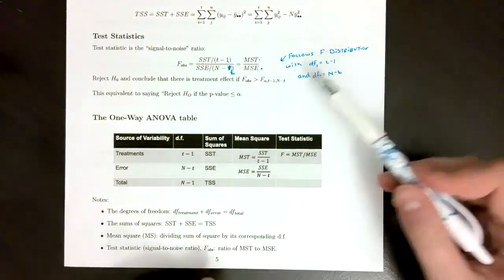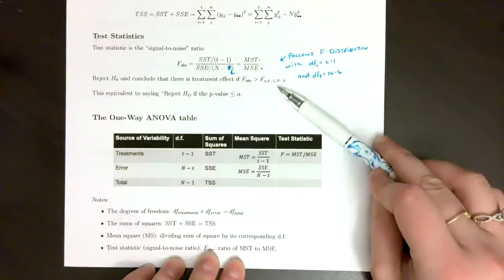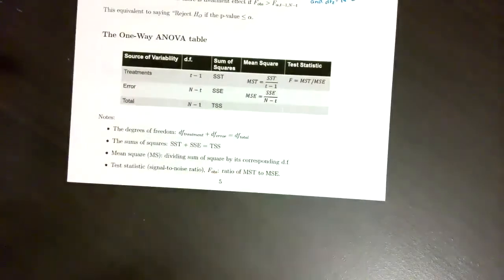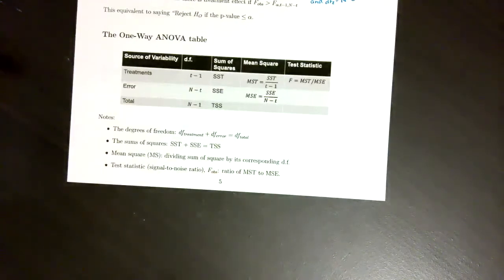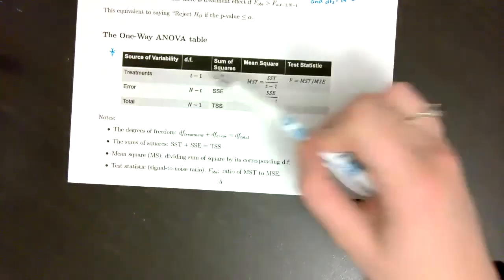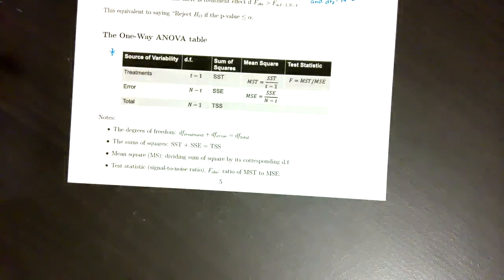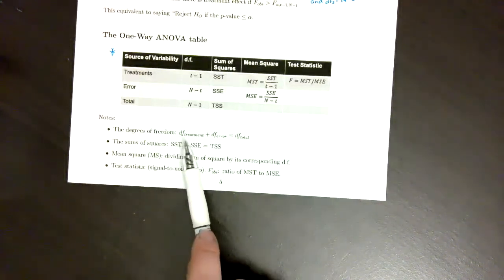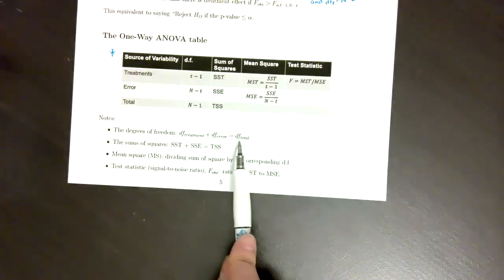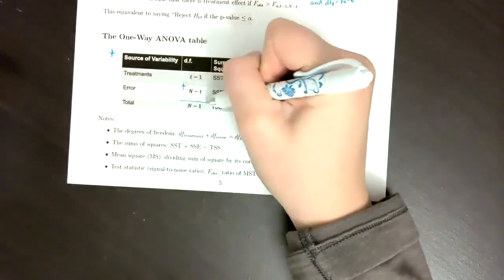So how this plays into looking at the p-value and the F is you're going to get this one-way ANOVA table. It is important, star important, to understand this table and how the elements work together. First, our degrees of freedom for treatment plus our degrees of freedom for error equals our total degrees of freedom. So this is additive.